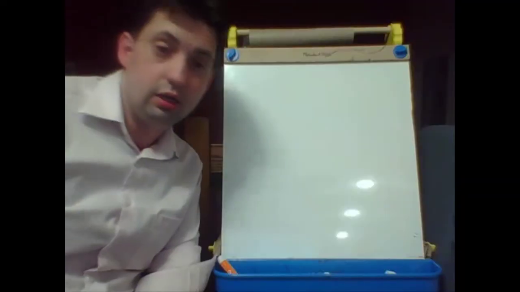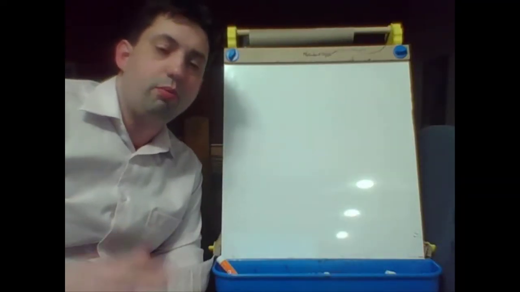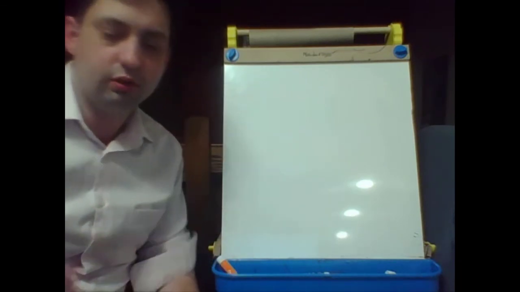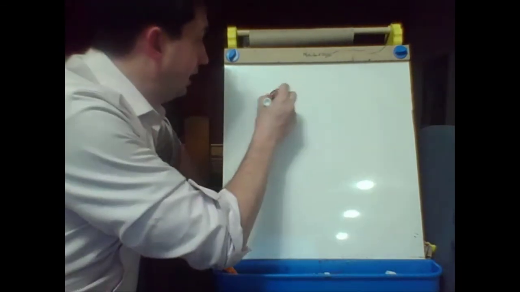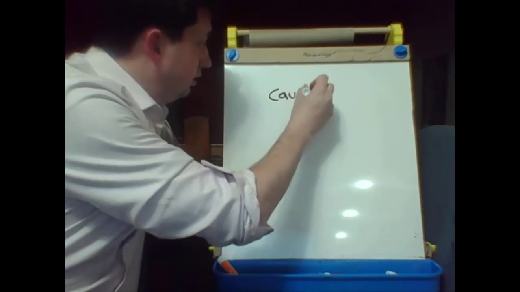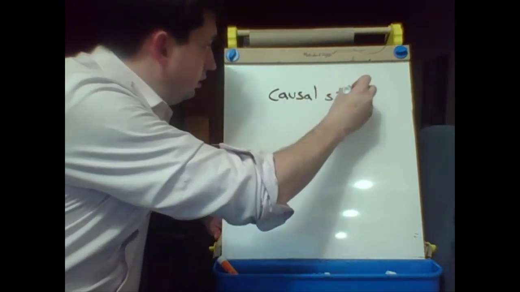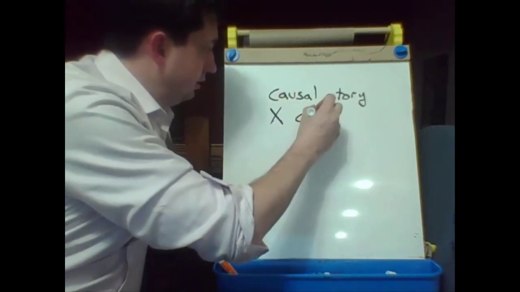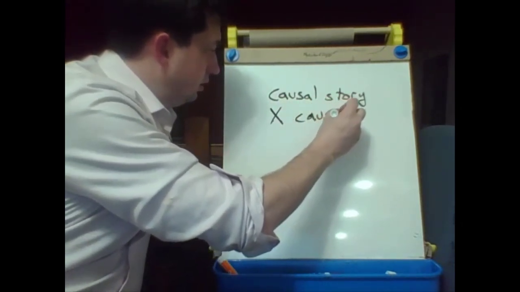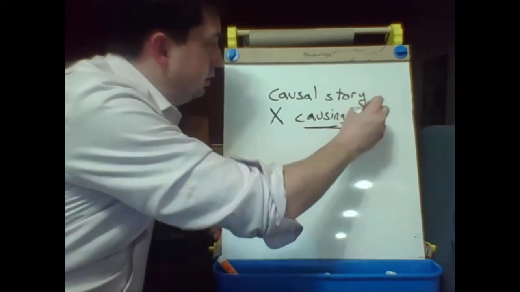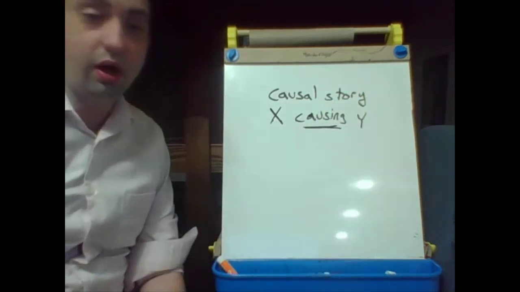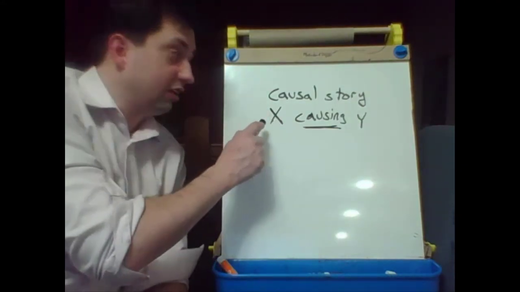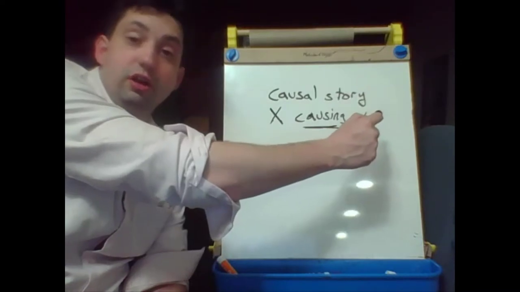Now, it's important to remember that when we were running these regressions, something I mentioned was we are telling a causal story of X causing Y. As in, if you change X, that causes Y to change.